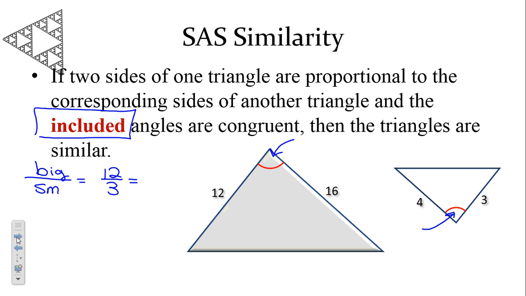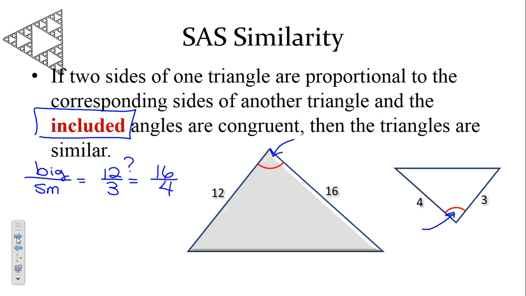We want to see if that proportion is equal to, what's the big brother of this triangle? 16. Big brother of big triangle going on top. What's the big brother of the little triangle? 4. It's going on the bottom. Now I think why some of you struggle with these proportions is there's so many different ways to show that these are equivalent. You can reduce, you can divide and get a decimal in your calculator, you can cross multiply.